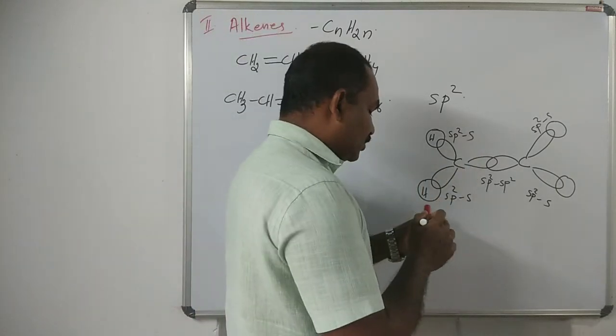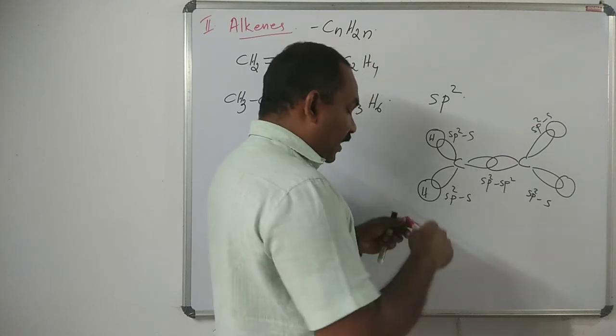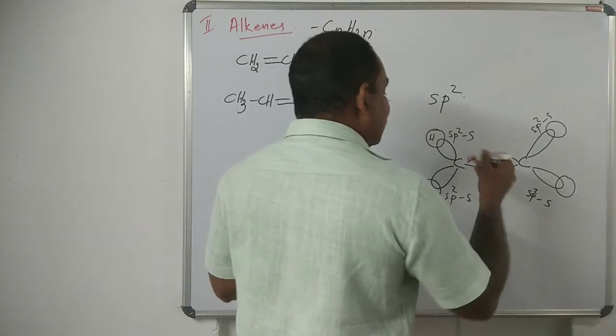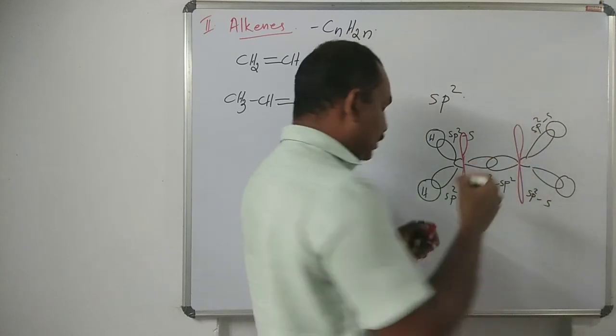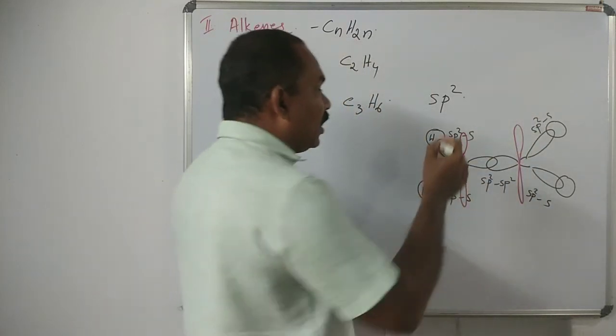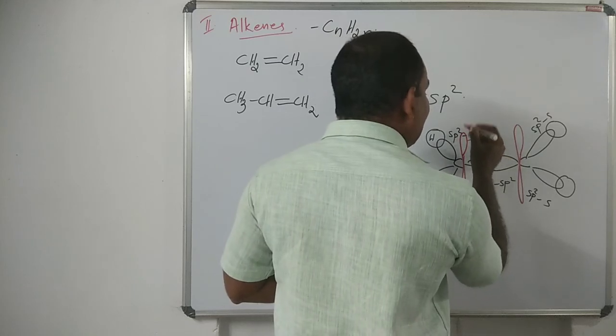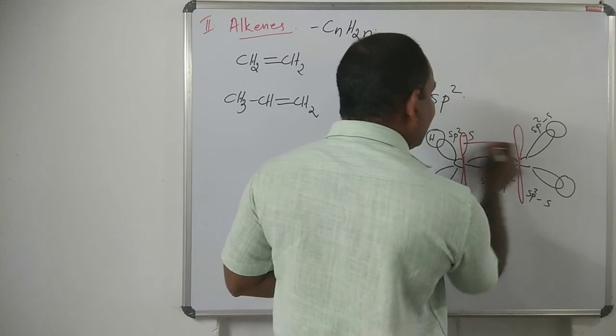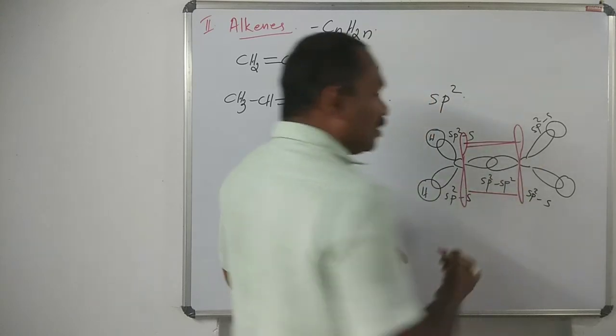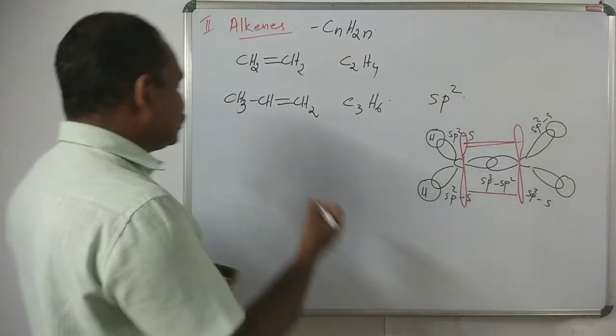And one more point, an unhybridized p orbital in the carbon atom, which contains an electron. So lateral overlapping of this p orbital makes a pi bond.